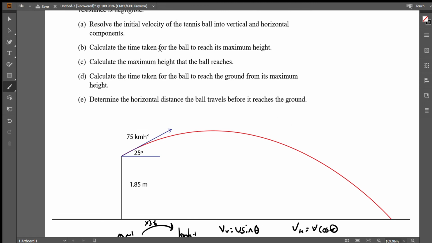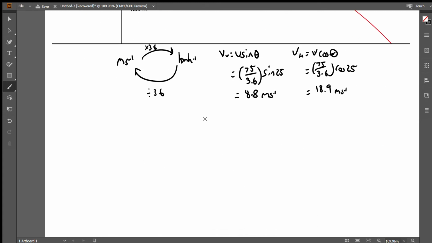Next we have to work out the time taken for the ball to reach its maximum height. This is a straightforward VOVATS type question, so we'll begin by writing out everything we know using VOVATS. Our initial vertical speed is 8.8 meters per second. At the maximum height, we know that the vertical speed is 0. The acceleration is just acceleration due to gravity, so negative 9.8, and we're trying to work out the time.